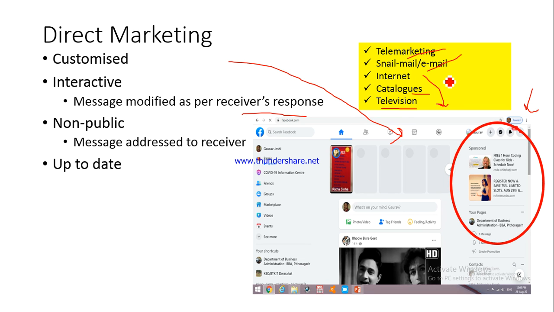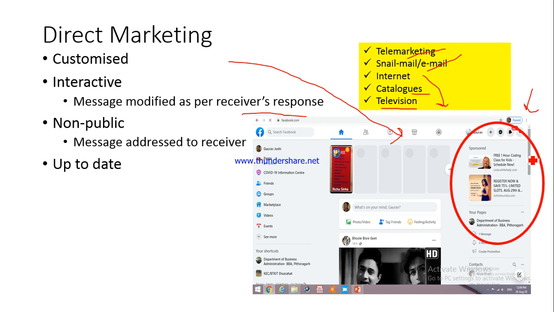And direct marketing is up to date also. What do we mean by this? For example, I have seen these ads on my Facebook page, and then I decide that I'm going to look for discounted coding classes. So I start searching for discounted coding classes.